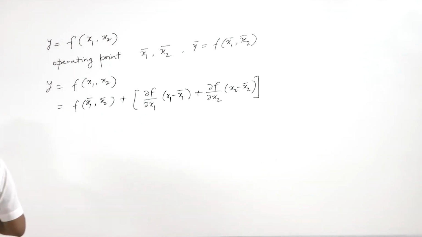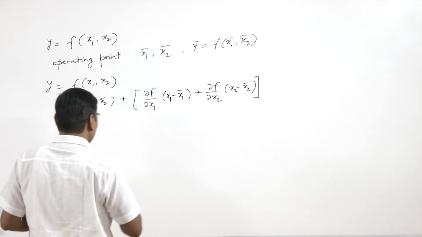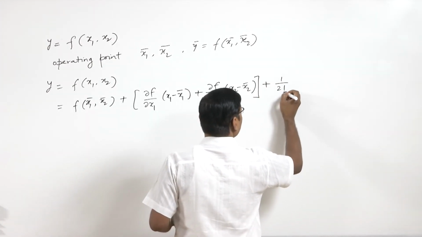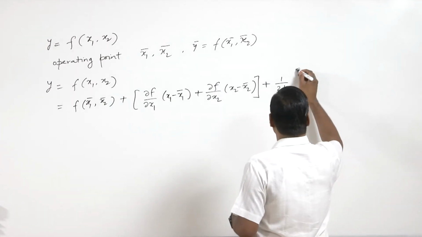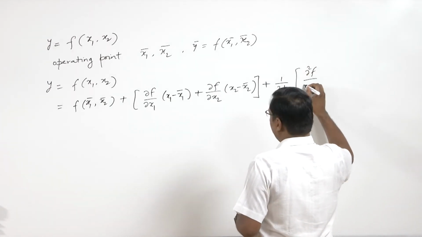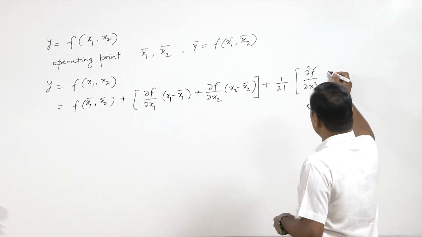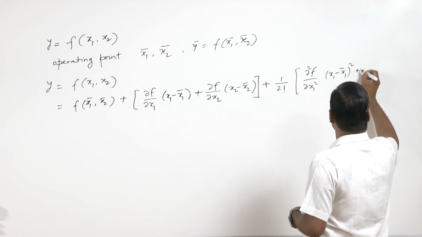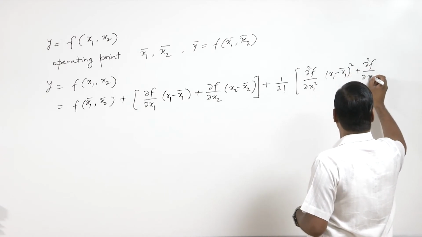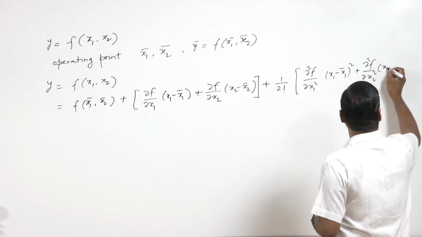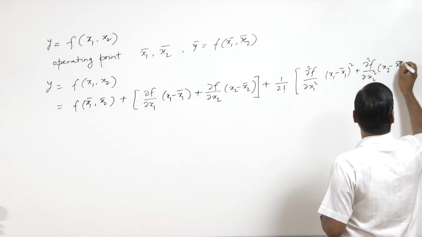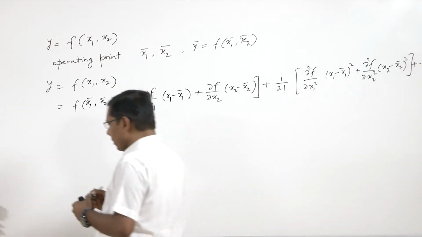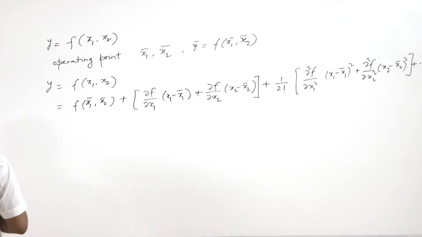This is the first derivative, plus 1 by factorial 2 times del square f by del x1 square (x1 minus x1 bar) square plus del square f by del x2 square (x2 minus x2 bar) square, plus even higher order terms.